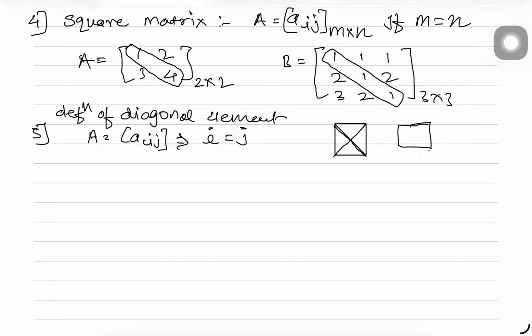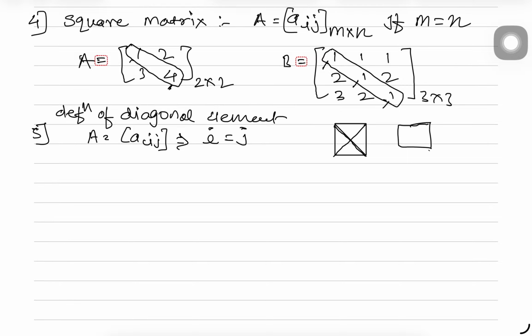I equal to j means the position of the row and the column must be the same. So over here this position represents 1 1, this position represents 2 2, and so on: 1 1, 2 2, 3 3. So these are considered diagonal elements.